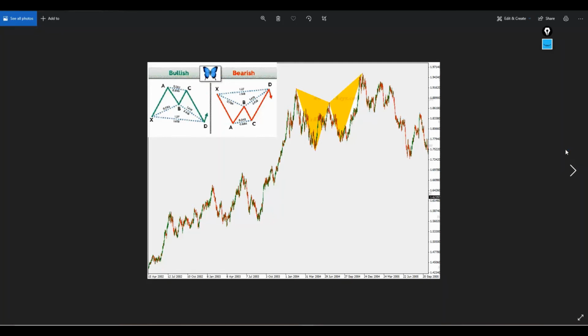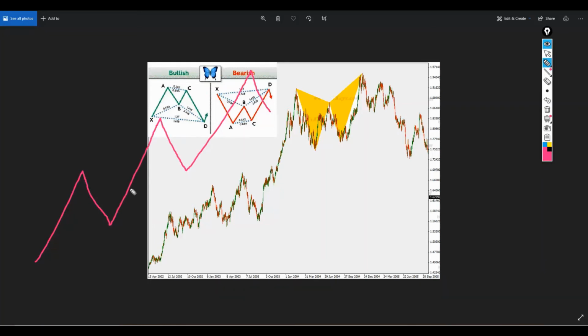Again, the essential point in using these patterns is that you have to use them at the end of the market or the end of the phases. Again, quickly I'll go through the phases. Imagine we have a higher high pattern like this, and then we expect this pattern to form at the end of the phases.